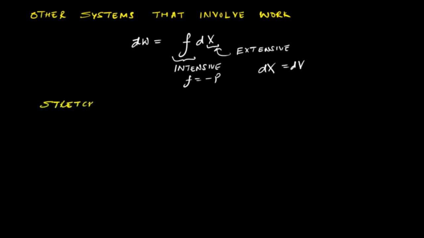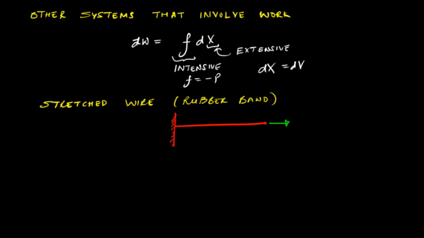It could also be, let's say, an elastic band or a rubber band. So let's say that you have a wire that is fixed at one end and it is being pulled, and let's say this is the length of the wire.